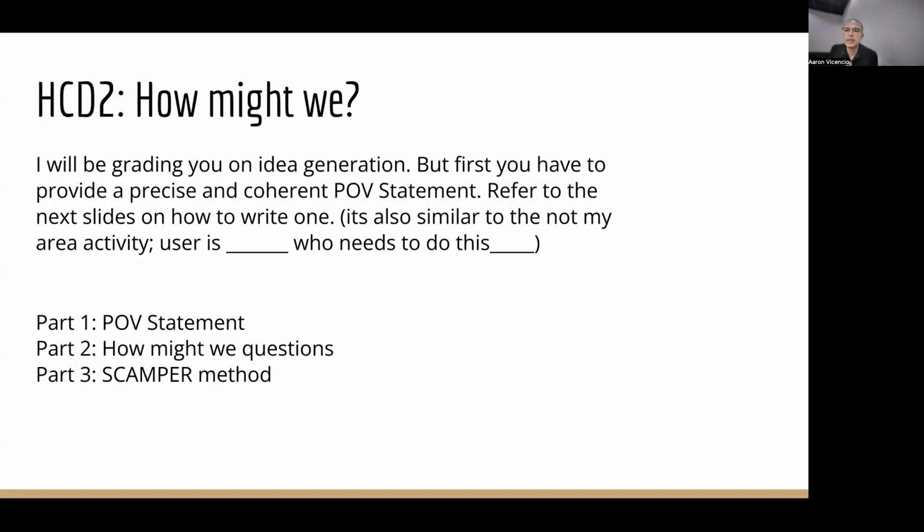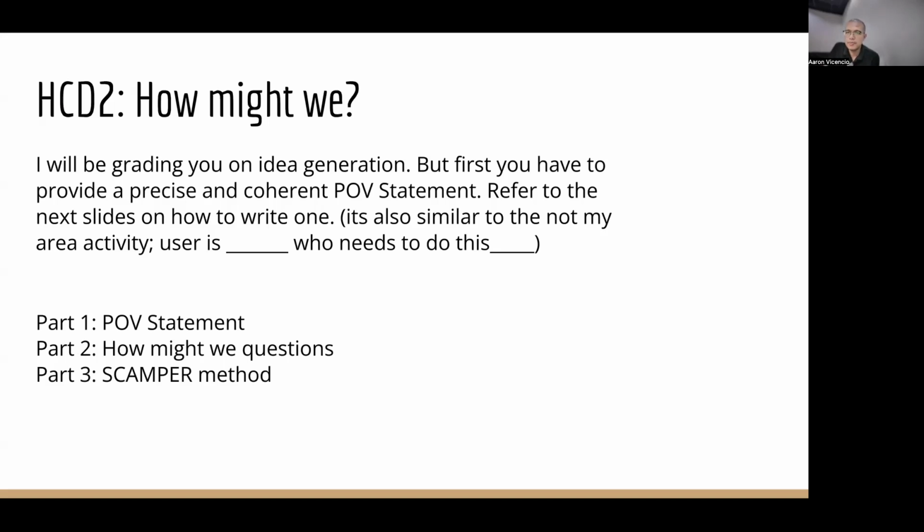This leads to HCD2. After you have successfully identified a client, we look into how might we, and you generate more ideas. But for the purposes of this exercise, the first part is just to come up with a persona or personas and identify people you can interview, and then we'll go into identifying the problem itself.